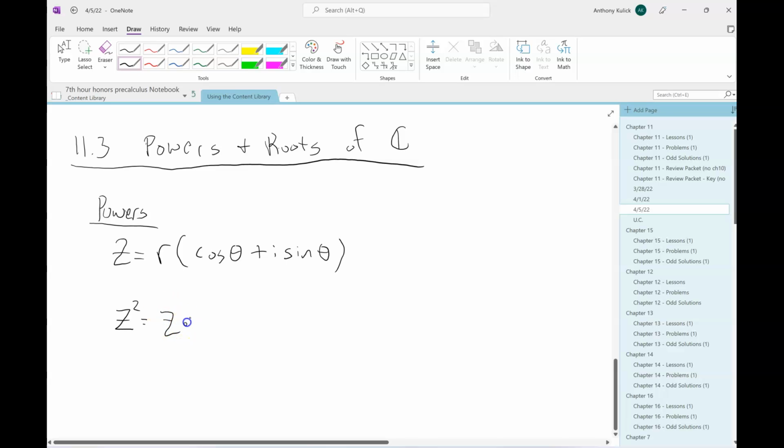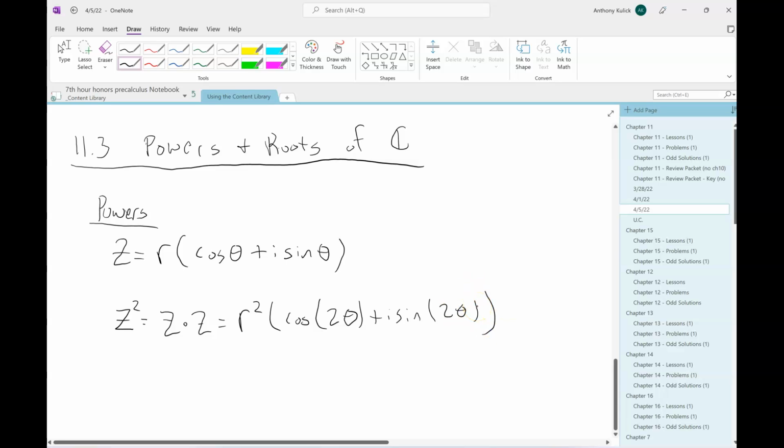Well, z squared is really just z times z. Using my multiplication rule from the last section, I'd have r times r, or r squared, times cosine of theta plus theta, so 2 theta, i sine 2 theta.